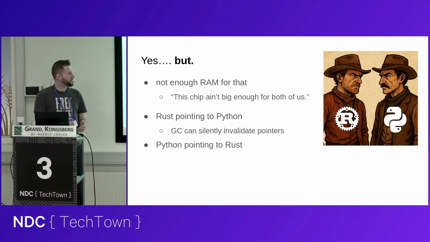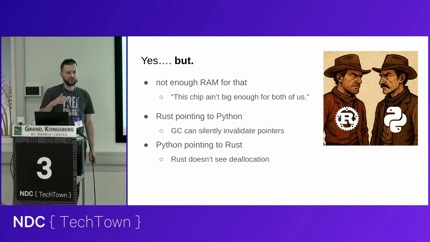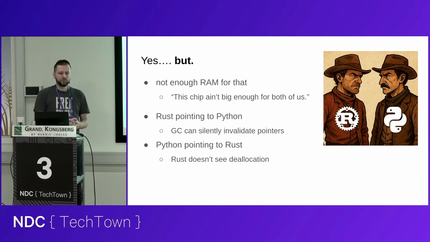And of course, another problem is the other way. When Python points to Rust, then the Rust allocator never knows if something is deallocated. So slowly we will leak memory and fill up the section reserved for Rust. This is kind of solvable too. There's support for finalizers in the garbage collector, and we could set a finalizer and indicate to Rust that it should deallocate.